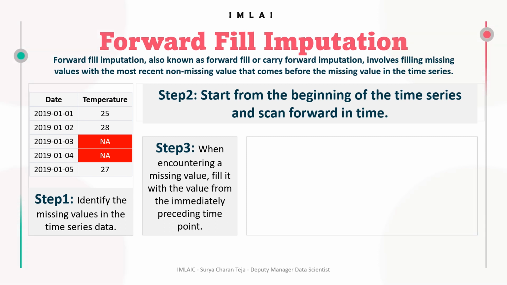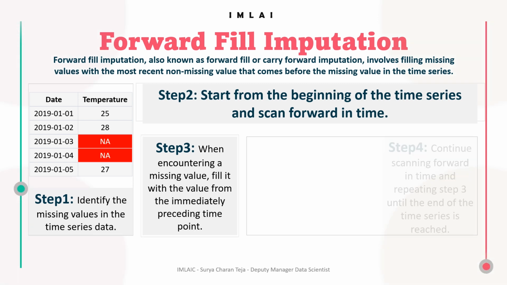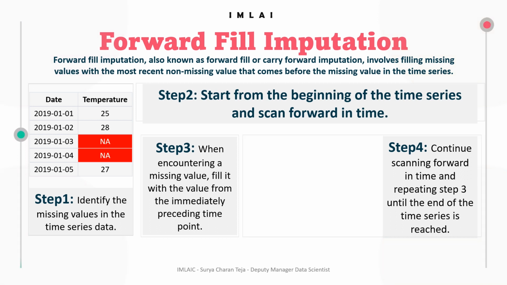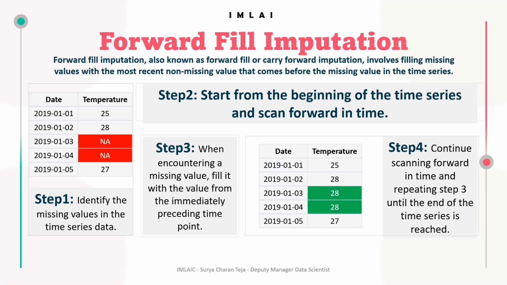You have to fill a missing value with the immediately preceding non-missing value. Then continue scanning forward in time, repeating step 3 until the end of the time series is reached, and finally you'll get your data set with forward fill imputation.